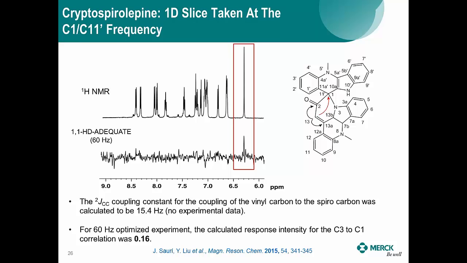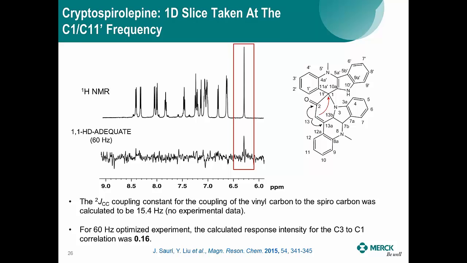Now, in a 60 Hertz optimized experiment, this 15.4 Hertz can give rise to a response of 16% of the possible maximum intensity. So this explains why we were seeing this weak correlation, which is actually a 2J correlation across a carbonyl.